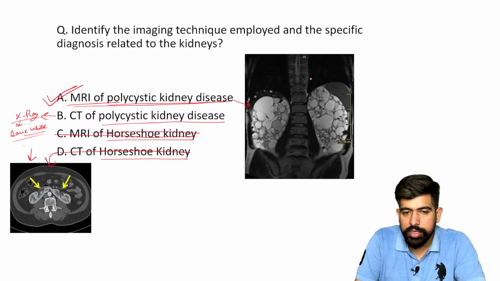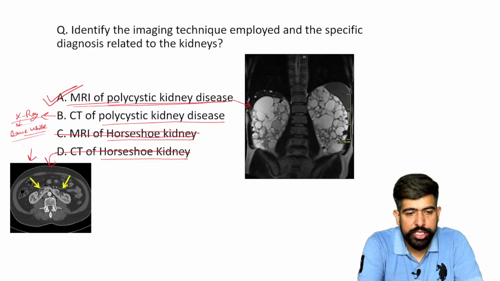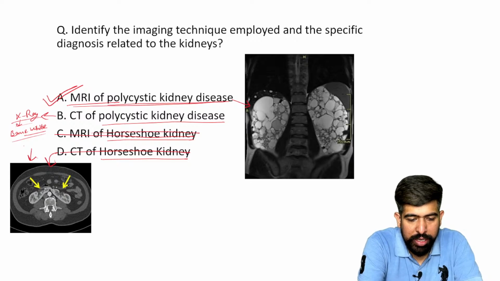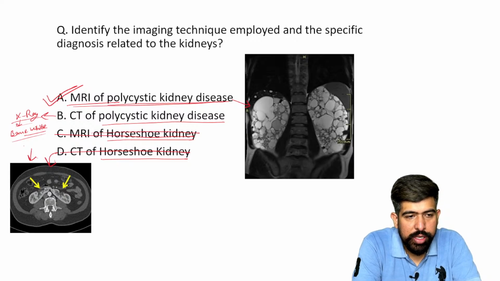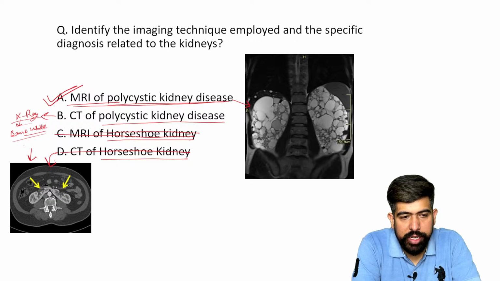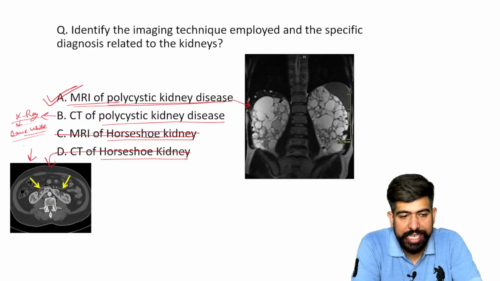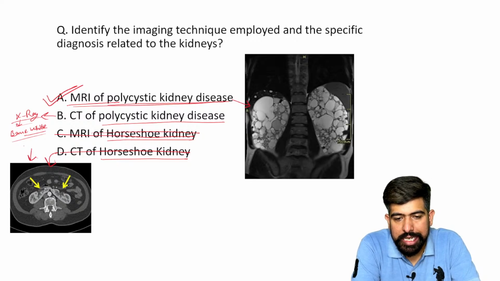Very good, doctors. You can see over there, and I'm adding a CT scan also. Just a minute. So it will be the CT of polycystic kidney disease. You guys can understand by seeing how it differentiates. How are we going to differentiate between the CT and MRI?